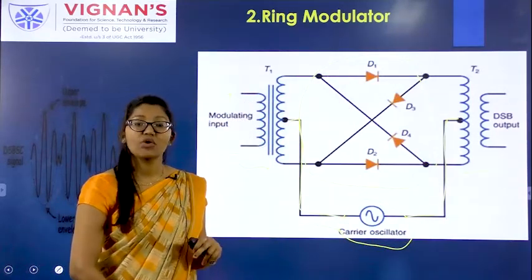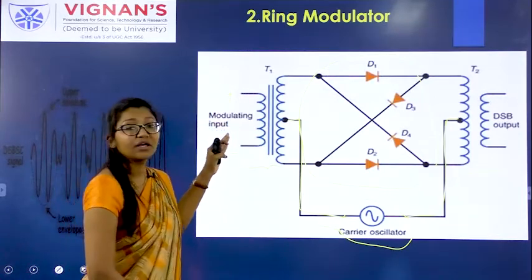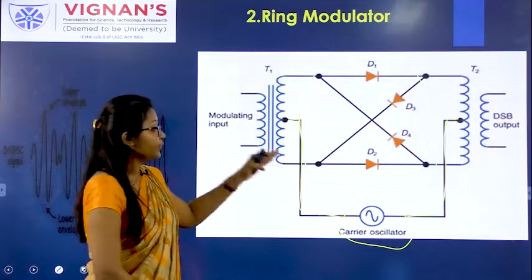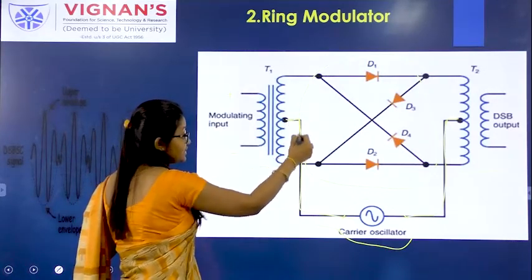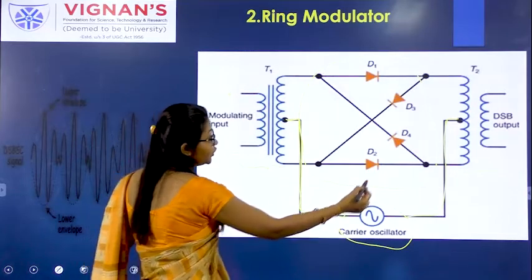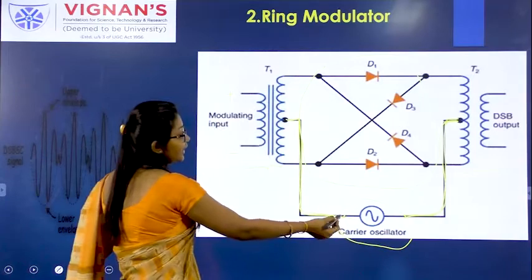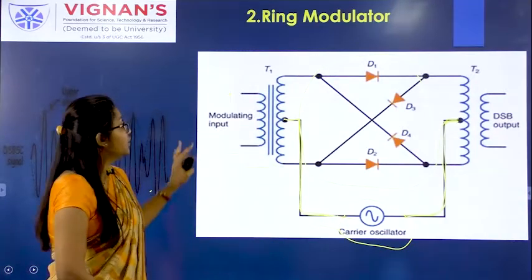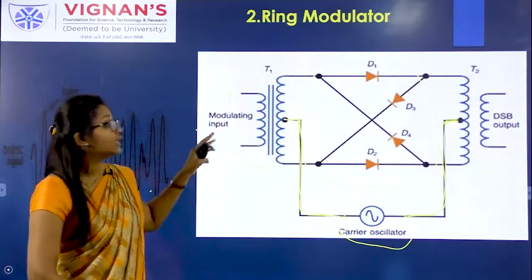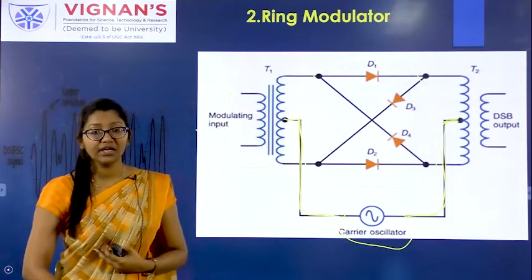So two signals you have to give. One is at the input of the transformer, where you give the message signal, and the second is at the secondary winding, the center tap transformer, where you give the carrier signal. There are two transformers T1 and T2 and 4 diodes in the shape of a ring.